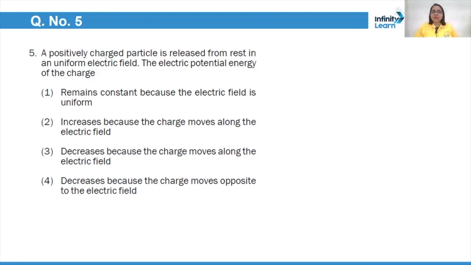Question number 5. A positively charged particle is released from rest in a uniform electric field. The electric potential energy of the charge is... So we have a positively charged particle and it is released from rest. Minus F dot dr is equal to dU for the conservative force field, right?